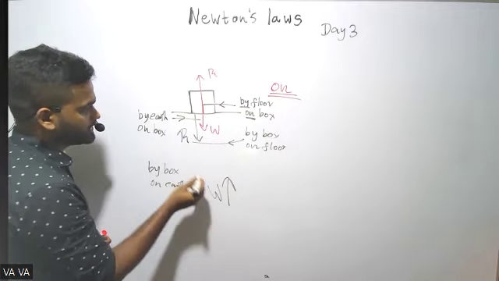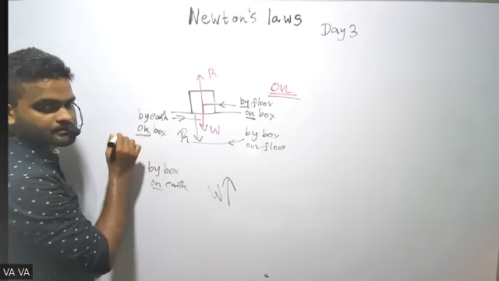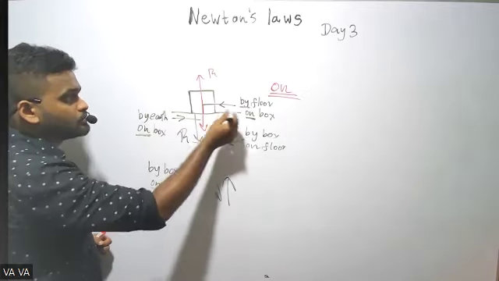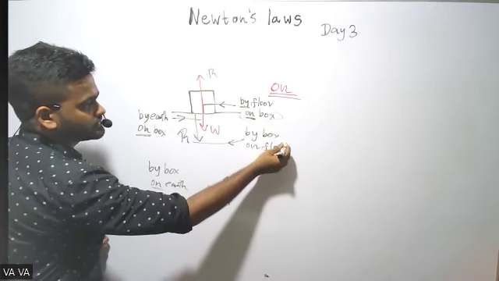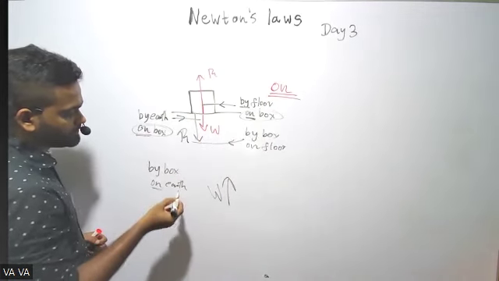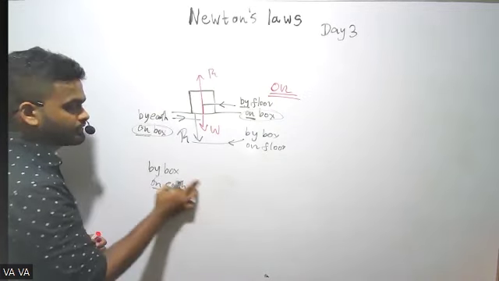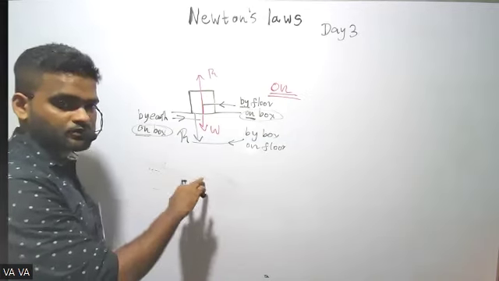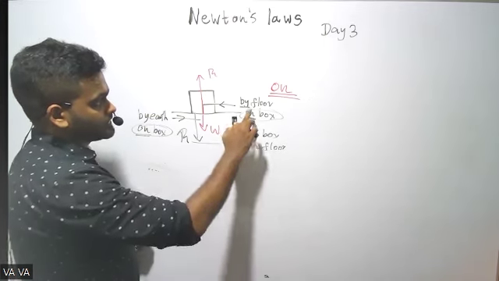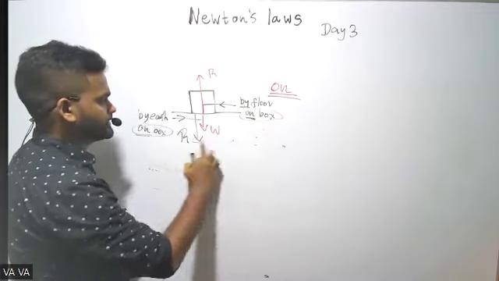Because these forces are on other objects, right? On earth, not on box. We only mention on-box forces. So this is on box. This W also is on box. This force is on earth. So we don't mention that. But those forces exist, right? But we don't mention that. So this force also we don't mention.